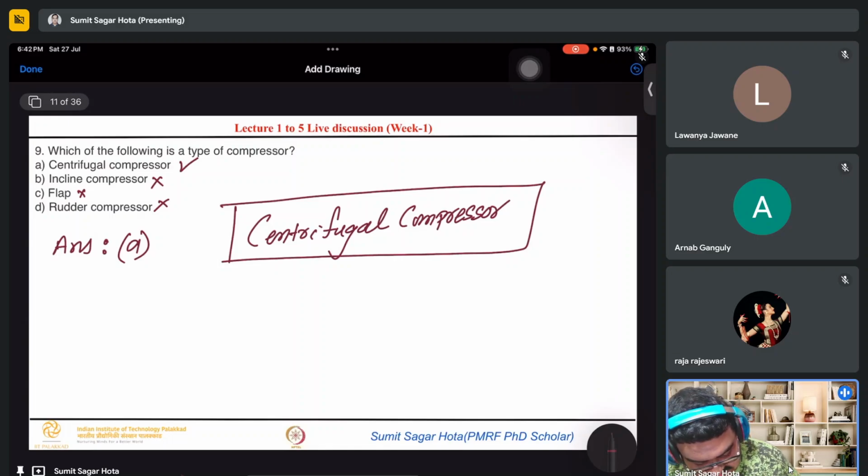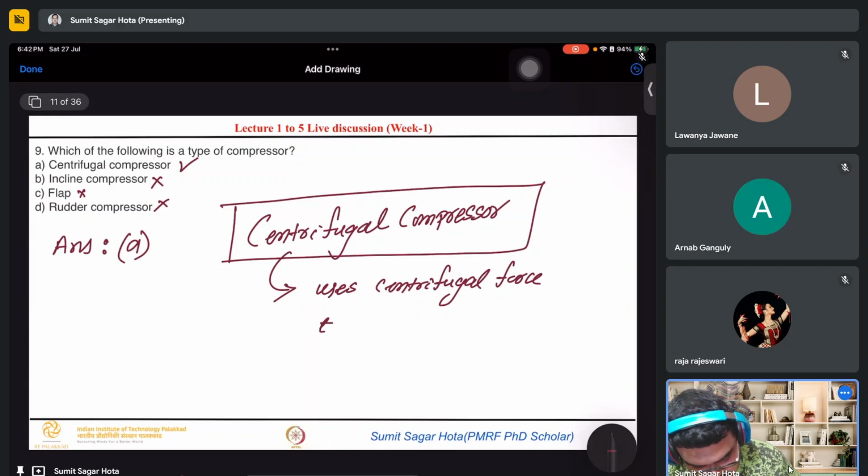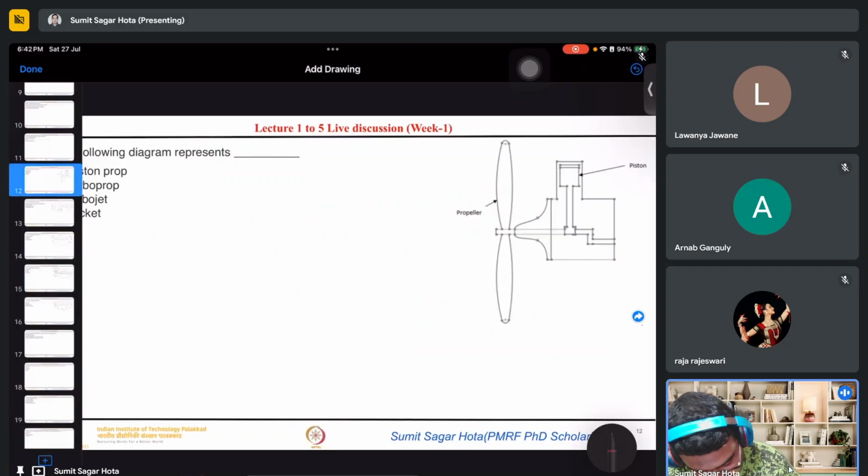So what exactly will this centrifugal compressor do? It uses centrifugal force to fling the air. Okay. So next.